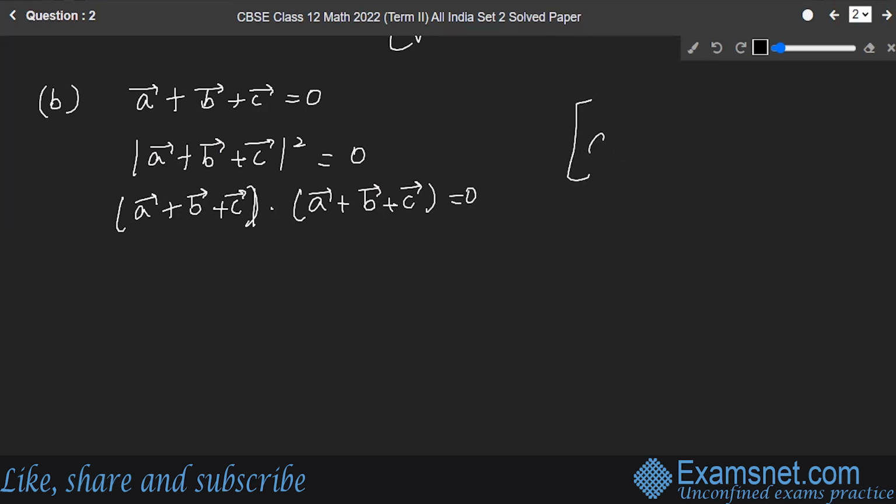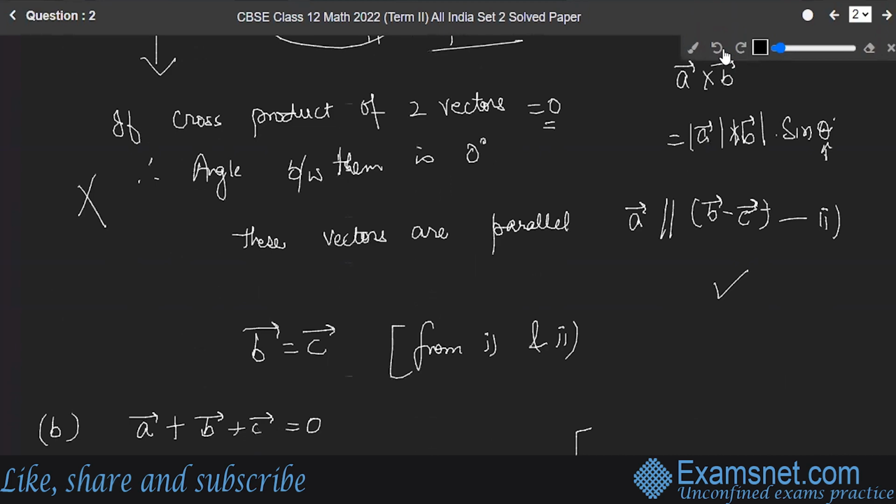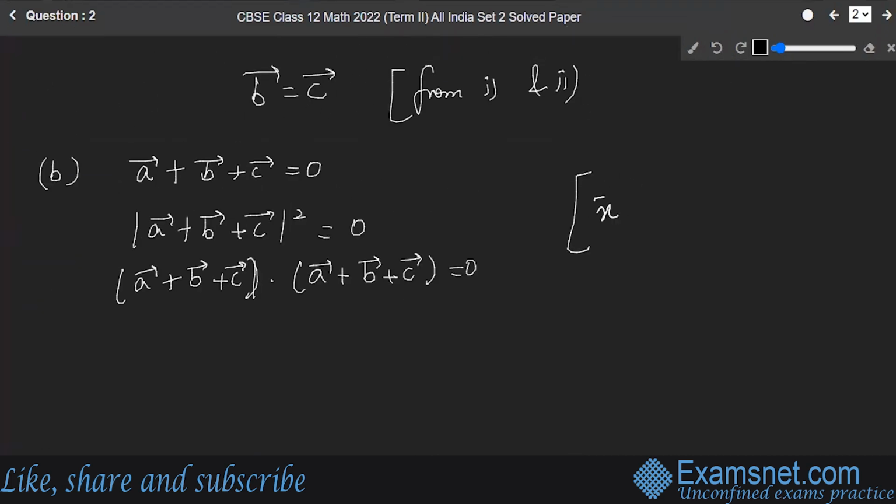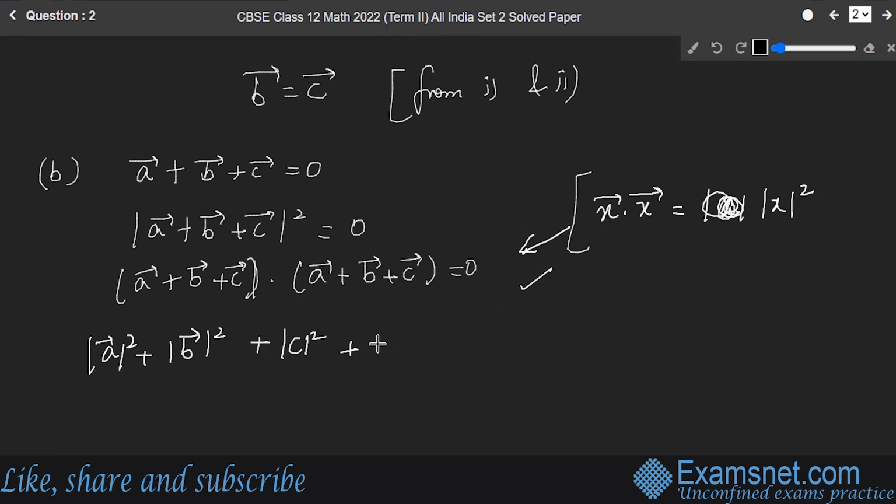See, one thing I'm using over here: the dot product of a vector with itself is equal to the square of its magnitude. So this becomes magnitude of A square plus magnitude of B square plus magnitude of C square plus 2 into A dot B, B dot C, C dot A is equal to 0.